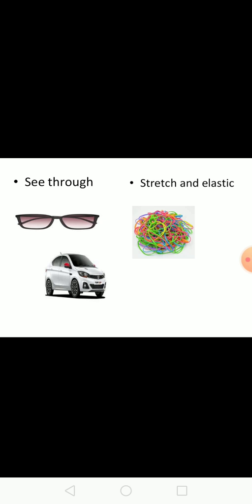When you sit in the class, we have a window, and we can see what is on the other side of it. In the same way, when you sit in the car, there are glasses on all the sides. We can see through it and we can drive and reach home safely. So, the property of the material glass is see through.